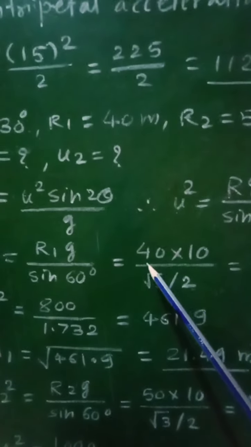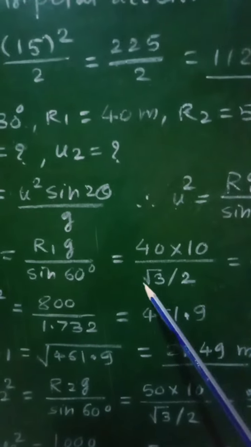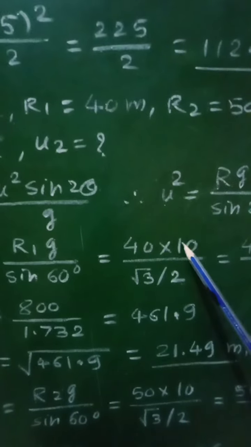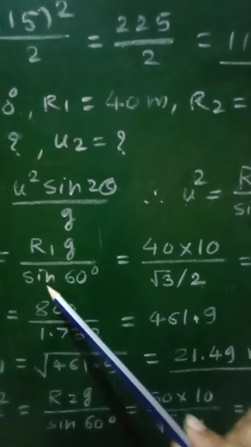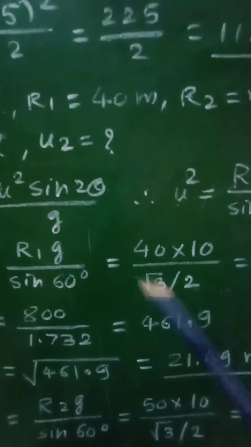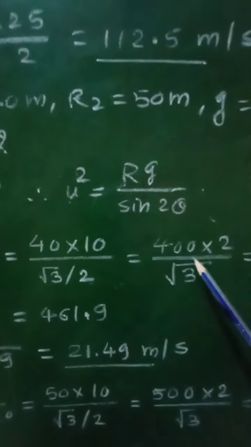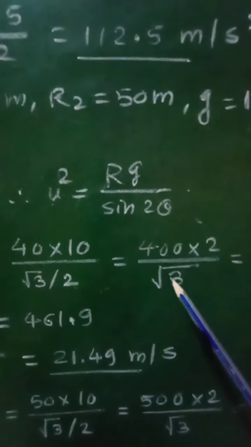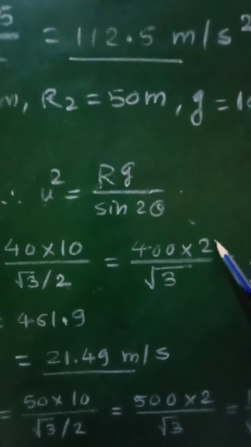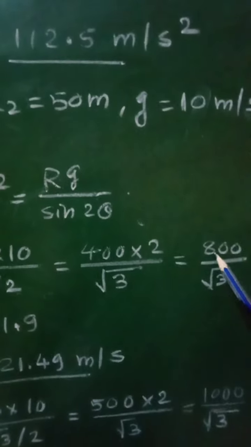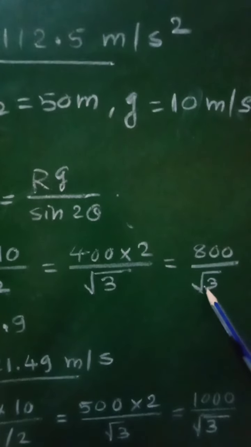Therefore that will be equal to 40 into 10 upon root 3 by 2, that is sine 60 is root 3 by 2, and R1 and g as 40 into 10, which comes out to be 400 into 2 upon root 3, which will be equal to 800 by root 3.